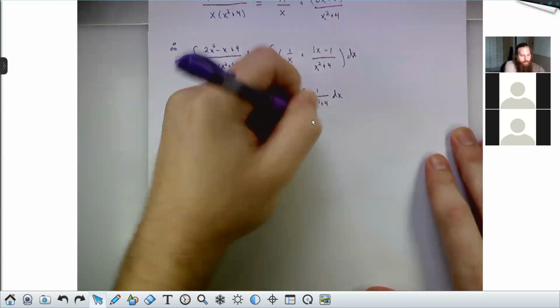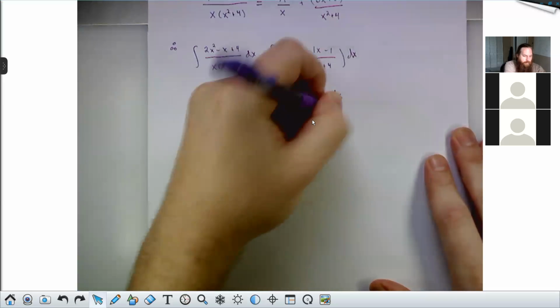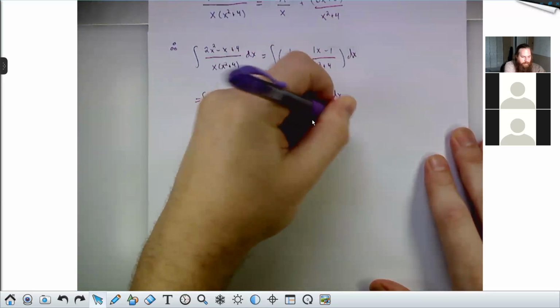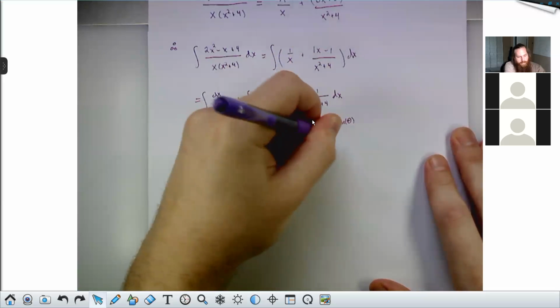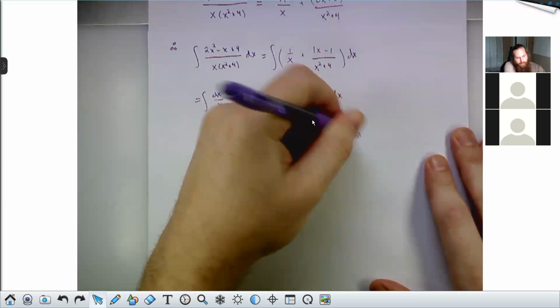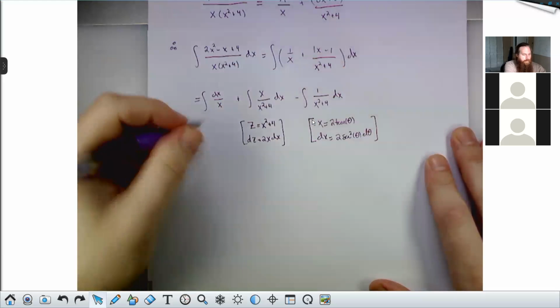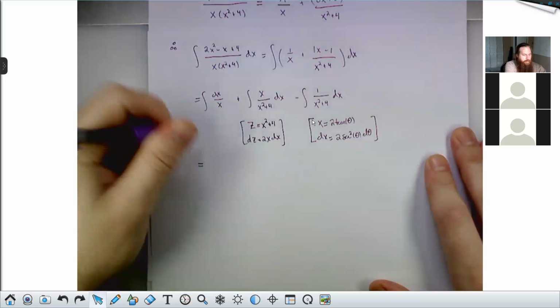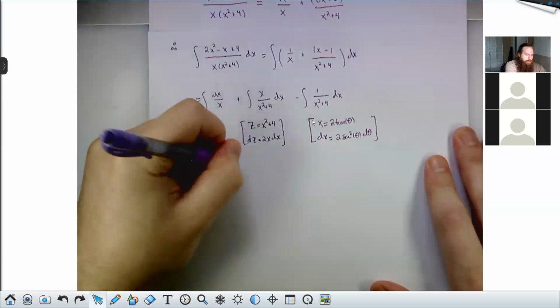If you don't know what it is right away, the x squared plus 4 tells you to substitute x equals 2 tangent theta. It's trig sub. dx is 2 secant squared theta d theta. So here we go. First piece is natural log absolute value x, plus.